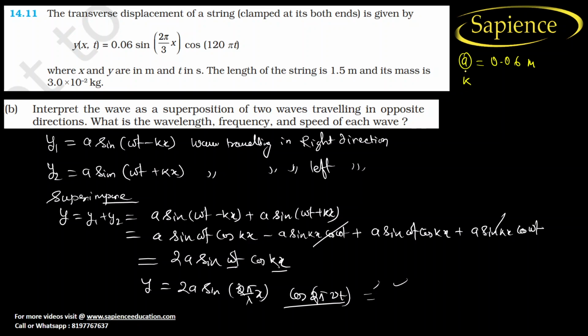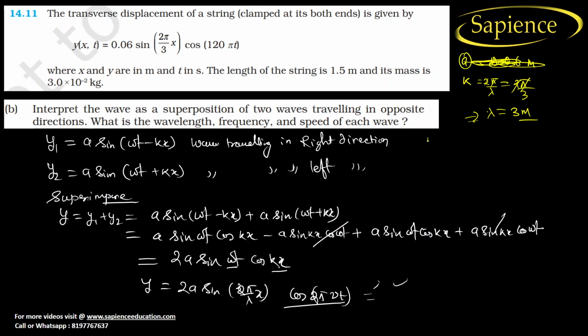So the value of k, or we can say 2 pi by lambda, is equal to 2 pi by 3. So it is better to find it like this. See here, 2 got cancelled out, so from here lambda will be equal to 3 meter. So this is the wavelength.